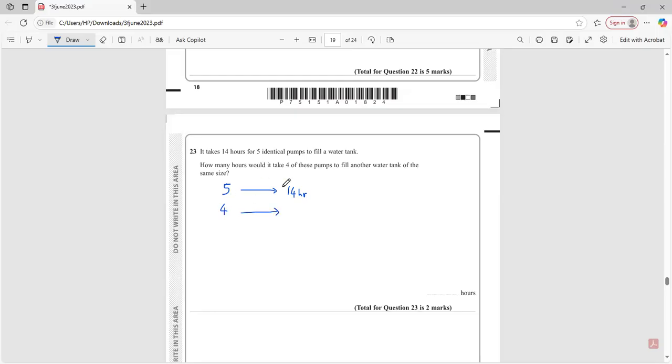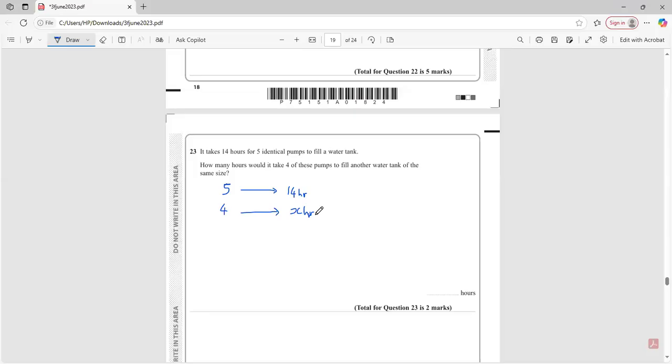So 5 pumps will do 14 hours. 4 pumps will do x hours, right? Now I've established that the number of hours will be more. So that's a case of inverse proportion.